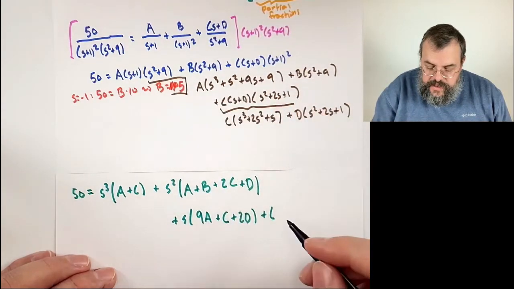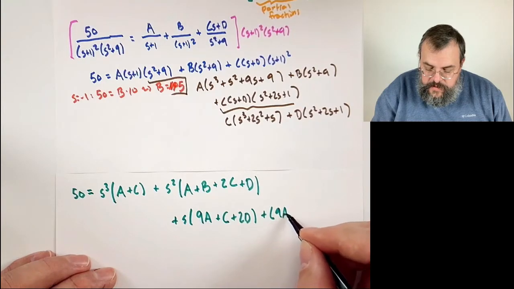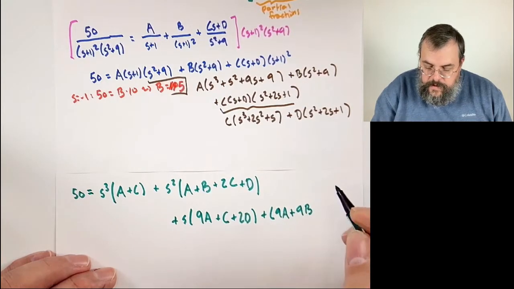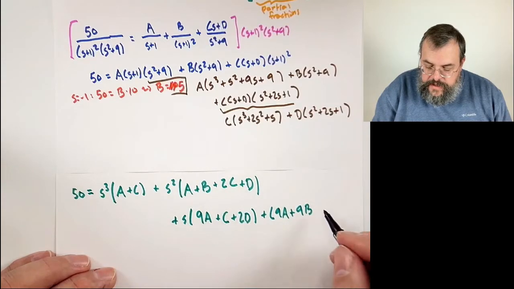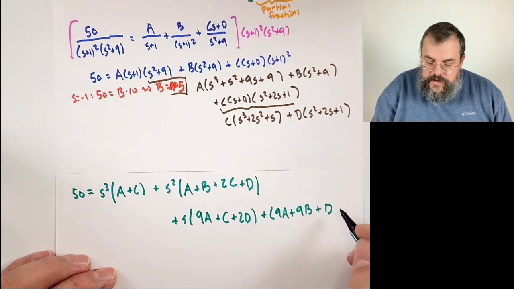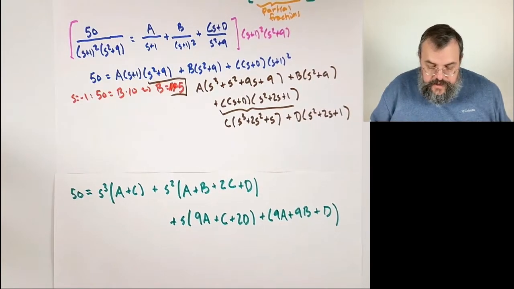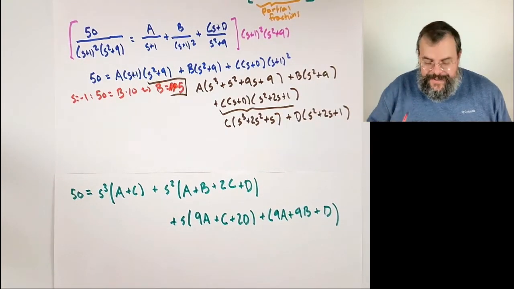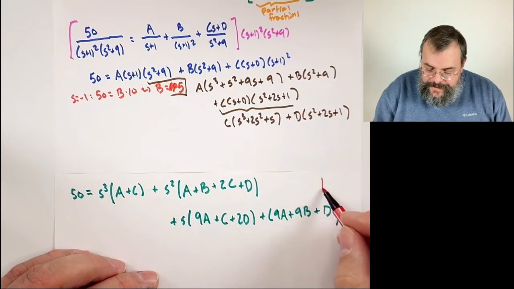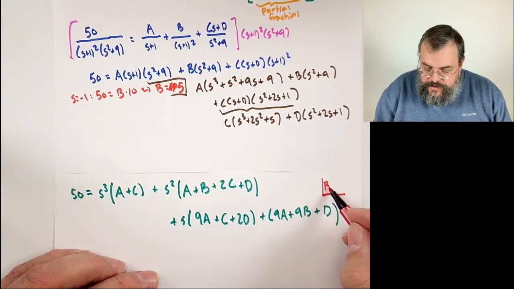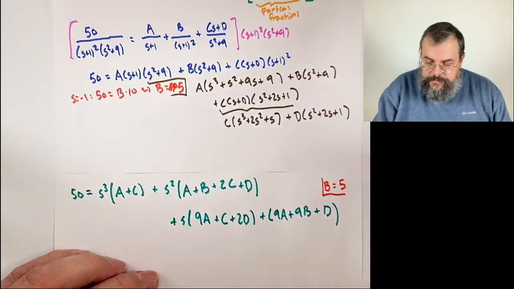So that's where we have a 9a and a 9b. And there's nothing for c, and then there was a d. Okay, good. And if we can actually do our math right, we have this little side note.